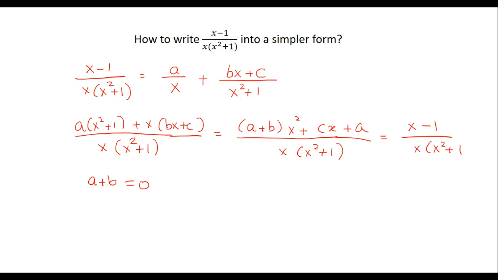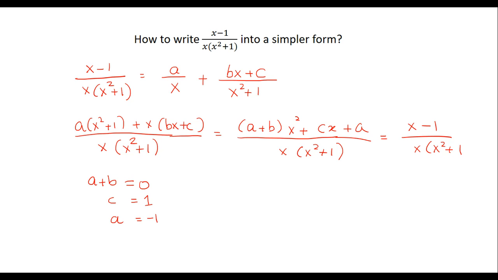So that one is the first equation. And then my coefficient for my x is c. So my c now is just similar to my coefficient for my x on the very right hand side, which is just 1. And then my a now is just negative 1.